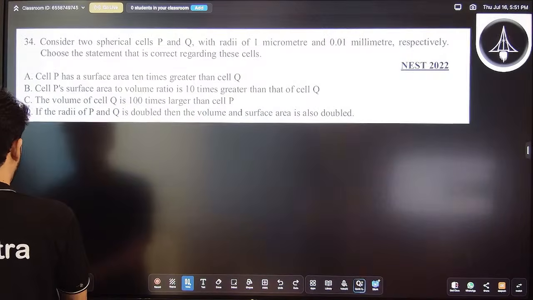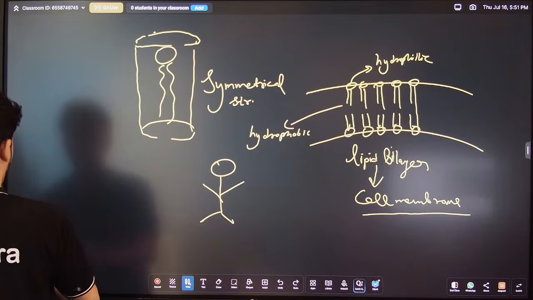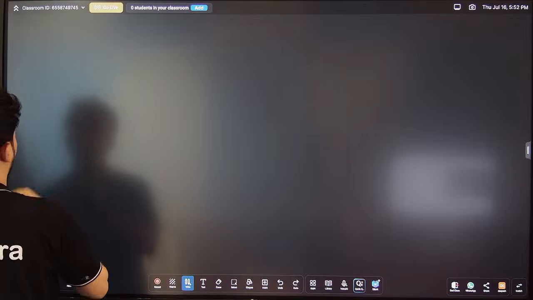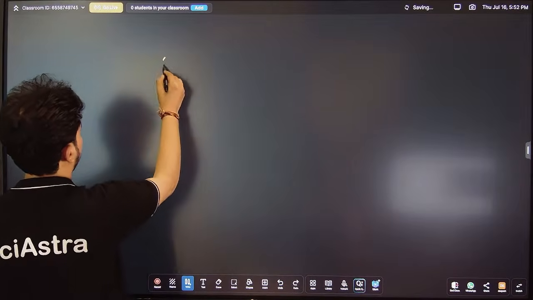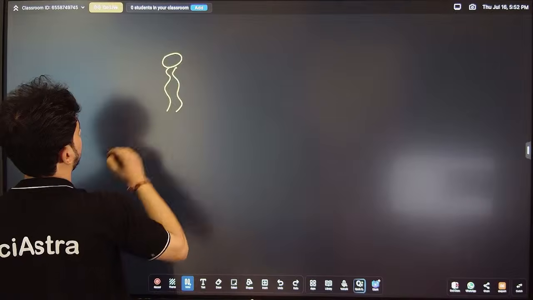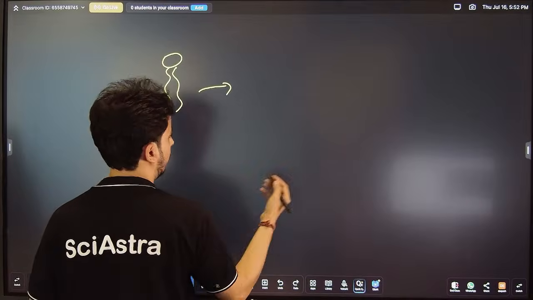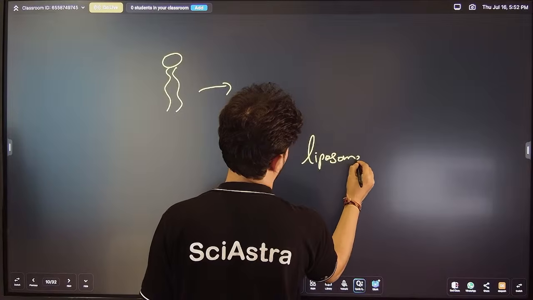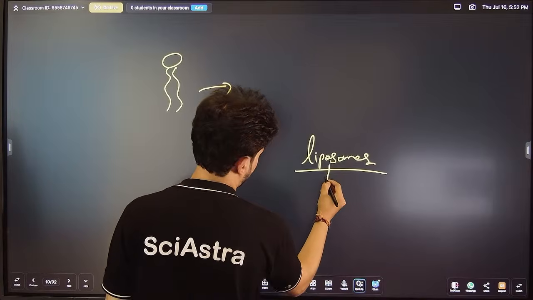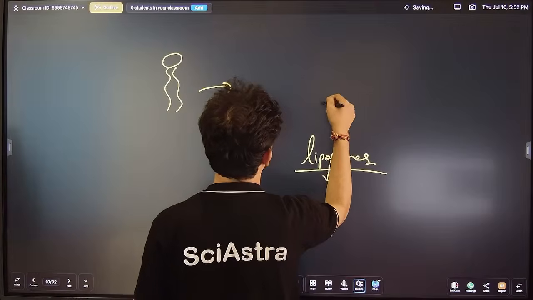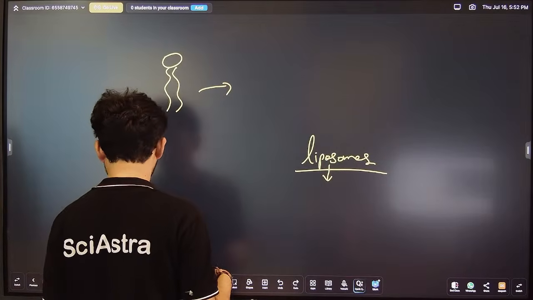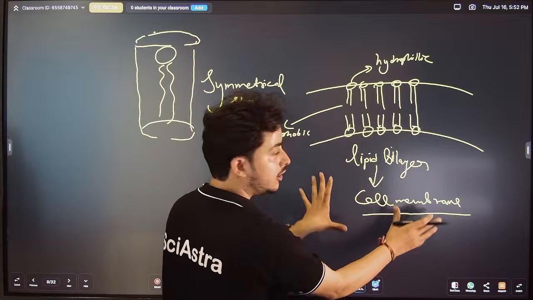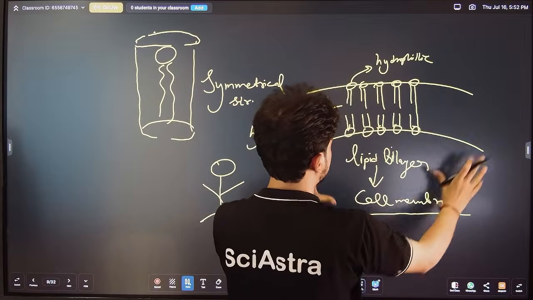And then if you talk about another structure, basically with the symmetrical ones only, you can have another structure which can form, that is called liposomes. Under certain conditions, how do these liposomes look? Basically, this lipid bilayer, if it folds, you imagine it forming a sphere.